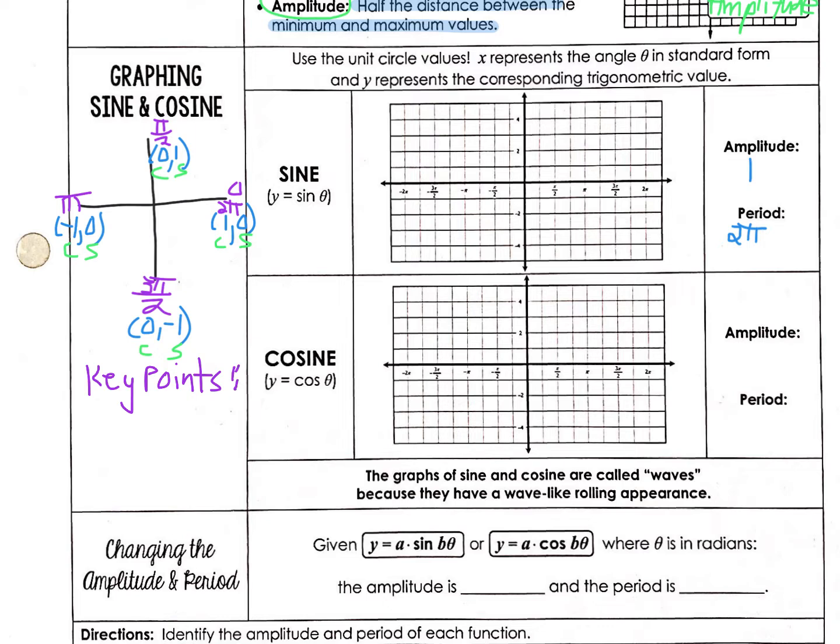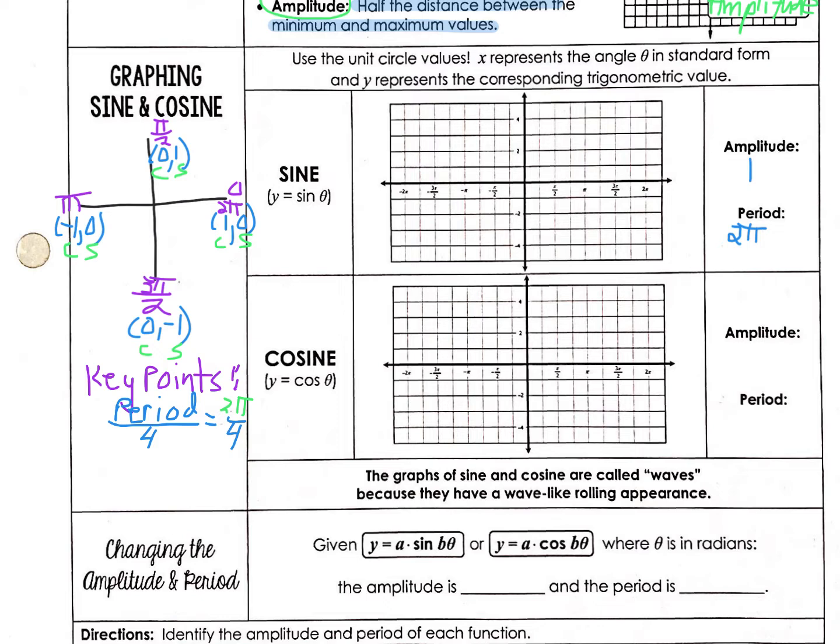Your key points are determined by taking the period, whatever the period is, and in our case right now it's 2 pi, and you will always divide it by 4.